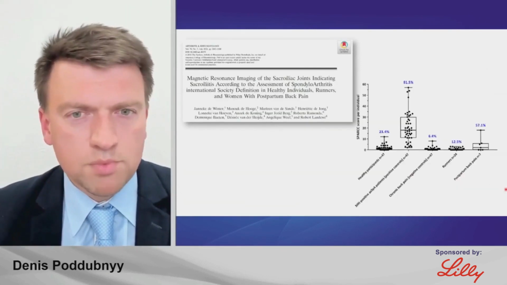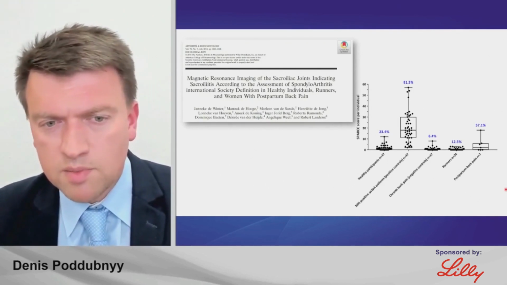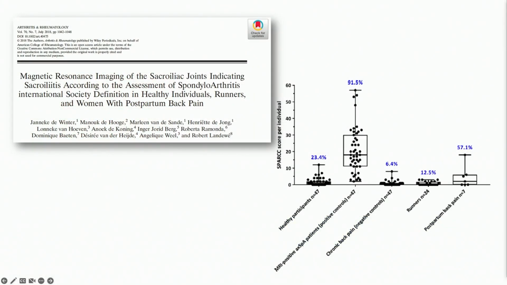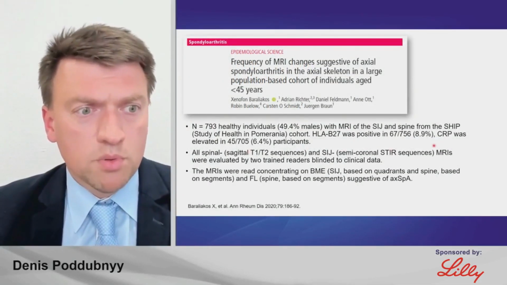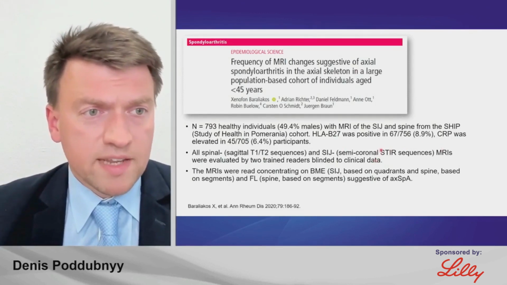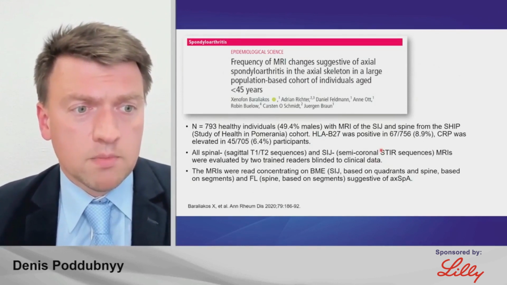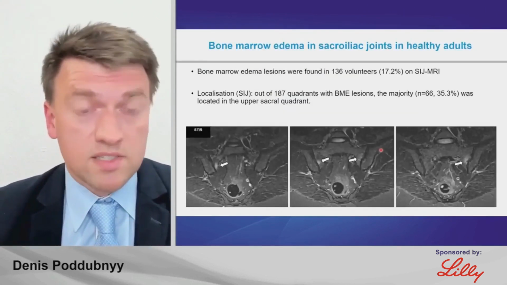There were several other works which demonstrated that indeed bone marrow edema is quite prevalent in healthy subjects, in people with chronic back pain, in runners, and in postpartum women. One of the most recent works was dealing with healthy young people from a population-based cohort, and this study identified that bone marrow edema was present in about 17% of healthy people with MRI of sacroiliac joints.